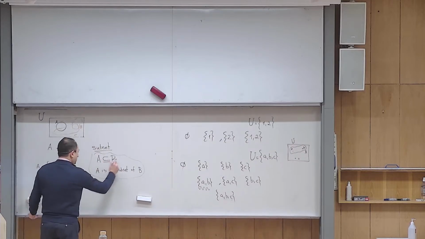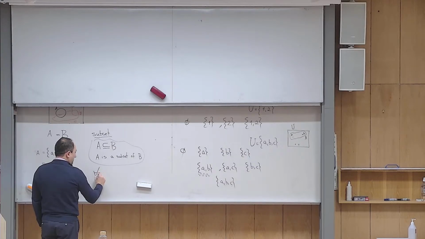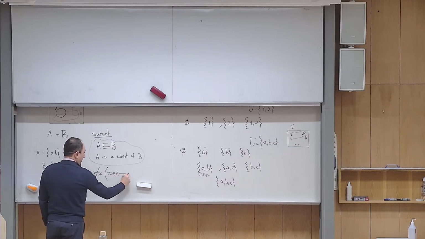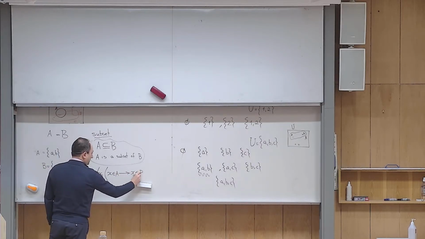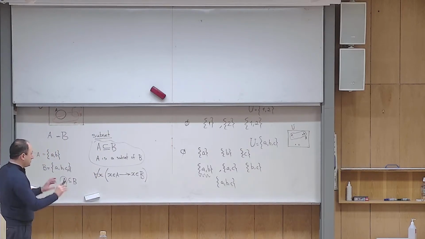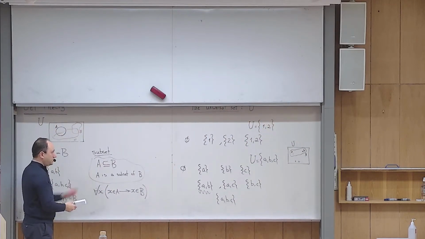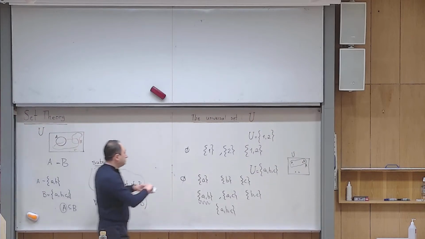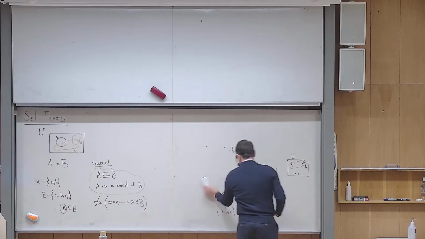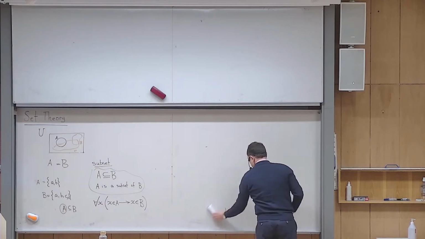So we say that A is a subset of B if for all x, if x belongs to A, then x belongs to B as well. So when you say A is a subset of B, in logical notations, this is the formula we write to describe A is a subset of B. But if you want to write it in words, might be that is easier for you to understand if you are not very familiar to read these logical formulas.